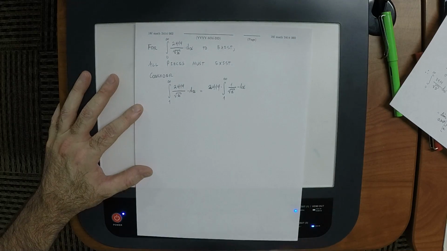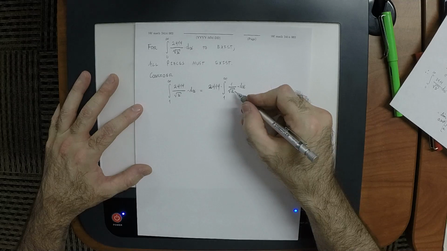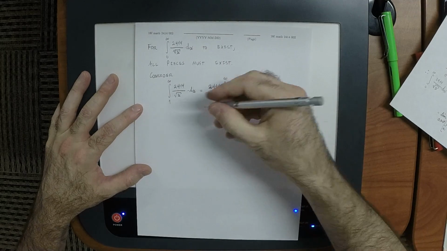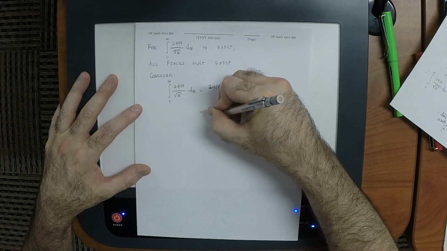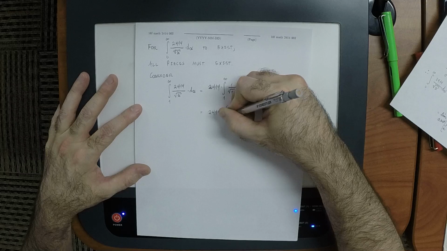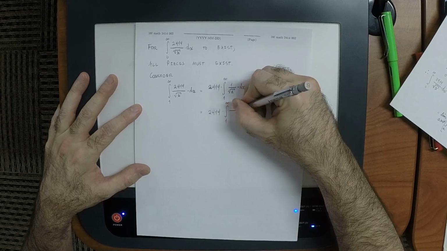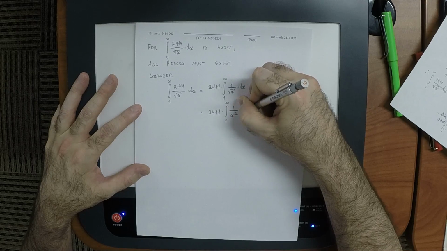And then square root can be written as what fractional exponent? As half, right? So you could write it as negative half, but I want to leave it in the denominator so that it will look like this. 2414 multiplied by the integral from 1 to infinity of 1 over x to the exponent half dx.